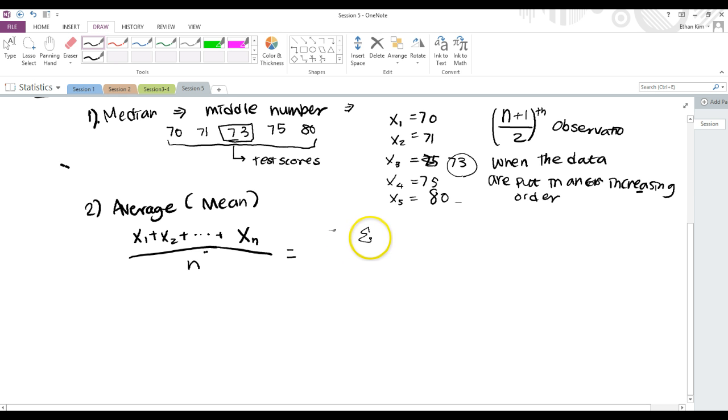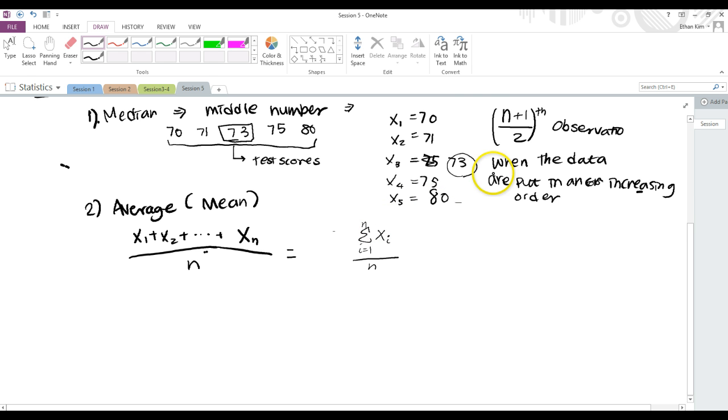Sigma, xi, where i goes from 1 to n, divided by n. Sigma is summation. This just means the sum of x when i goes from 1 to n, divided by n. So this is the average of these data.